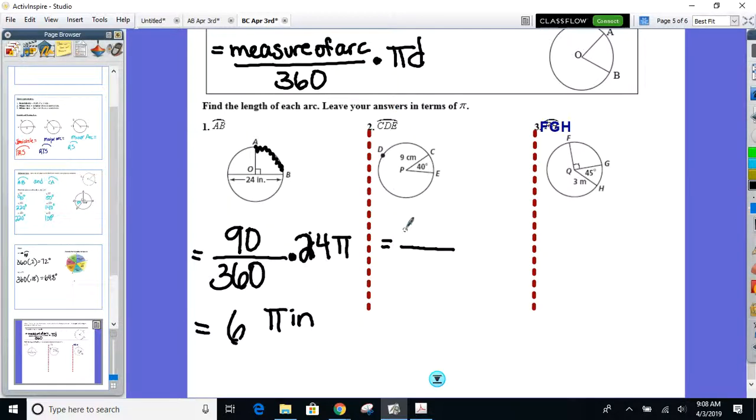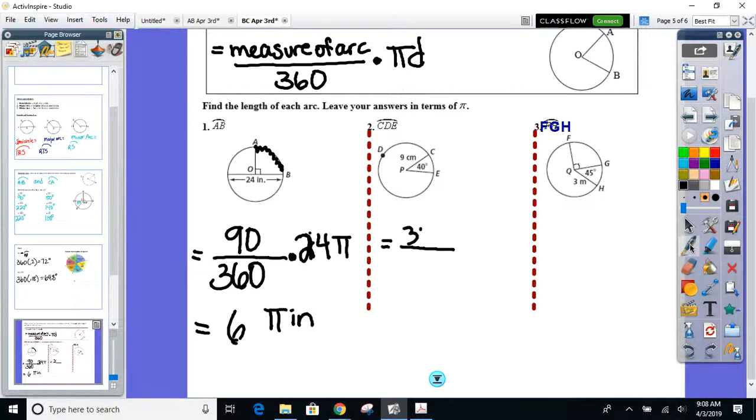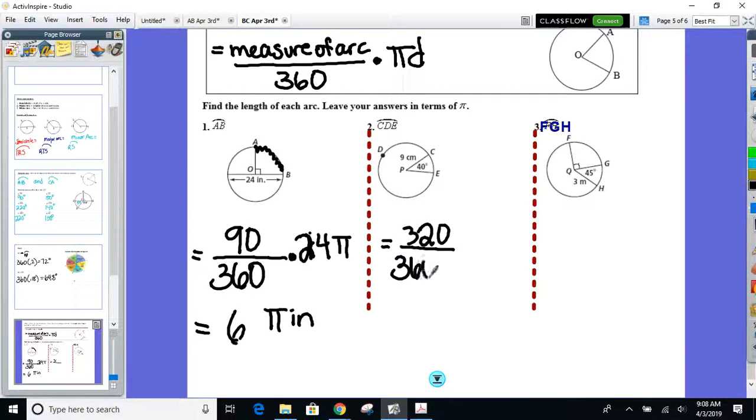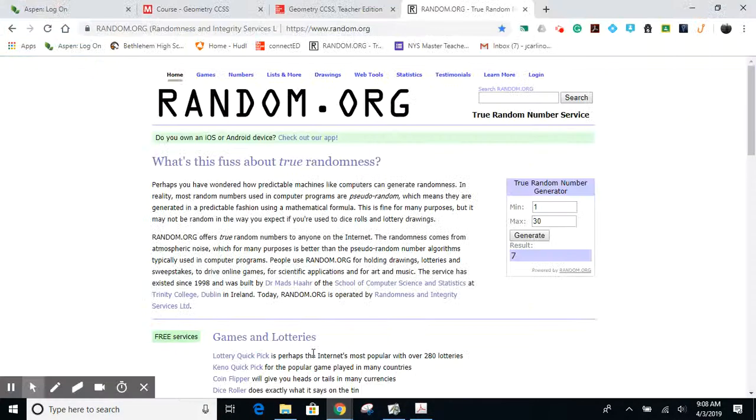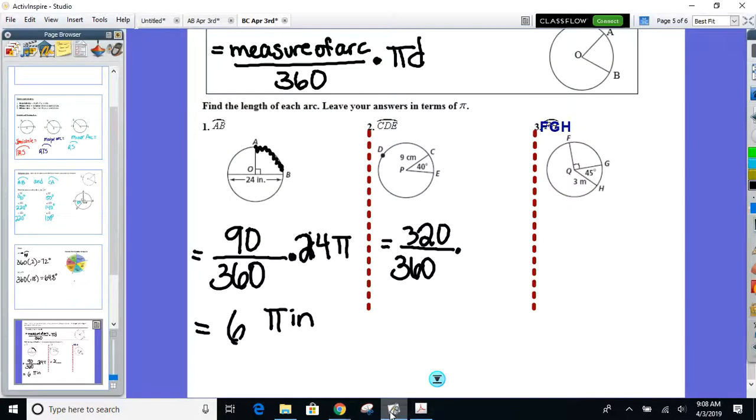How'd you get it? 360 minus. Good. 360 minus 40 gives me the 320 over 360 times diameter length, 13 diameter length, 18 pi. We okay on that setup there?